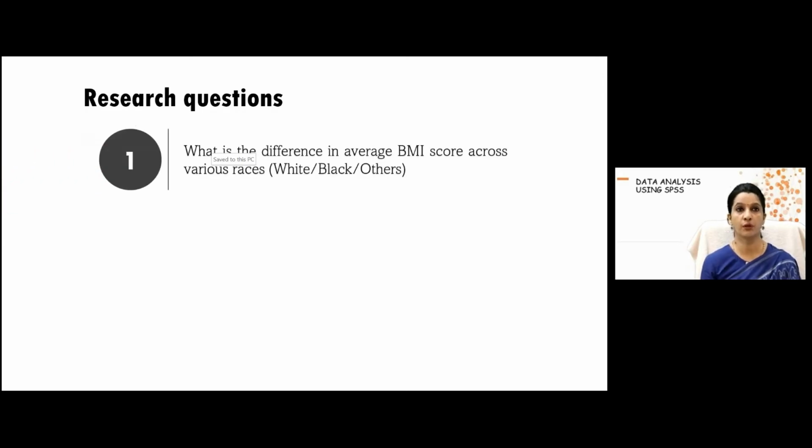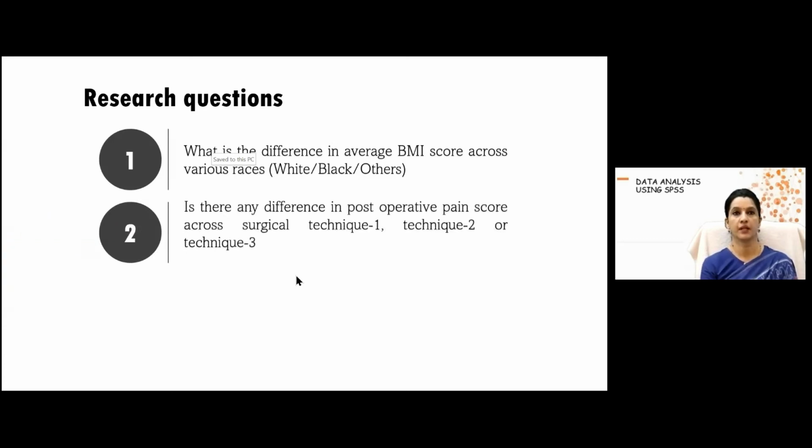So if I want to see the difference between the average BMI score across various race. In our data sheet, which has been shared with you, the race has been categorized into 3 categories: white, black, and others.